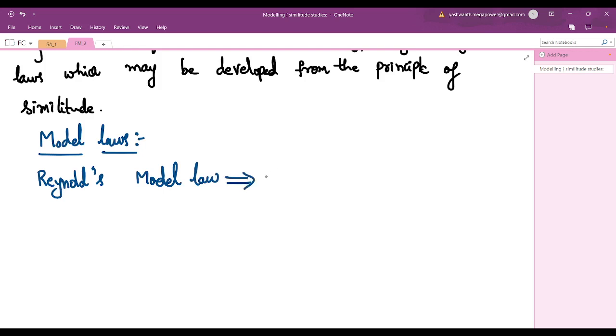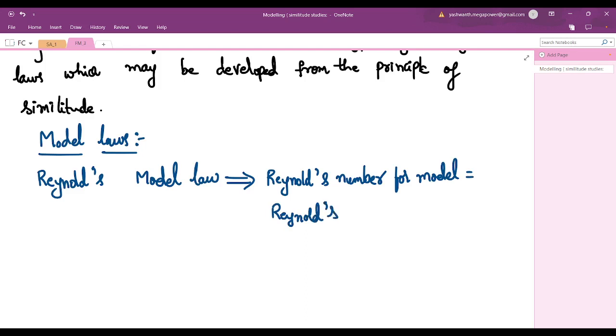So Reynolds model law implies Reynolds number for model should be equal to Reynolds number for prototype.